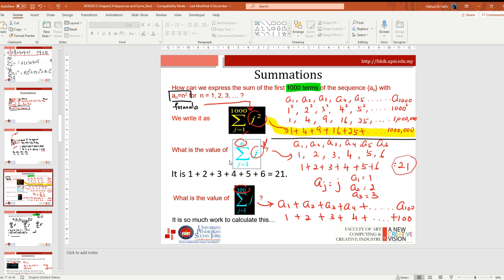With this one the upper limit is 6, and j is to the power of 1. So 1 plus 2 plus 3 plus 4 plus 5 plus 6 is equal to 21. What is the value of the summation up to 100? j is to the power of 1 again: 1, 2, 3, until 100, and then you calculate all together.